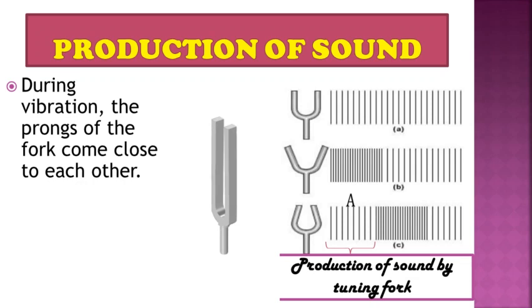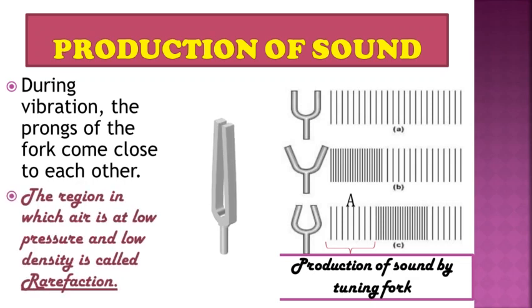As a result, the air pressure in this region decreases. In the B part we saw the air pressure increases in the compression, but in this part the air pressure decreases, and such a region in which air is at low pressure and low density is called a rarefaction. However, the air molecules in the region which were in a compressed state earlier transfer their energy to the air molecules in the next region.